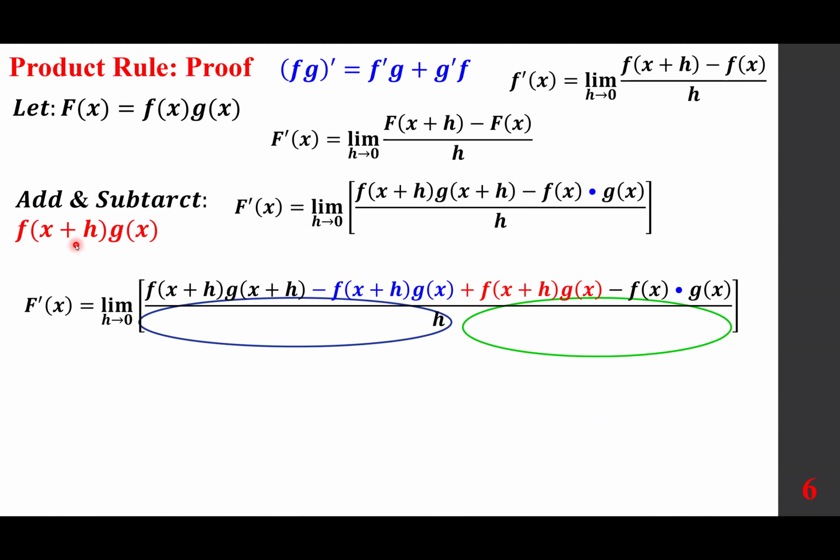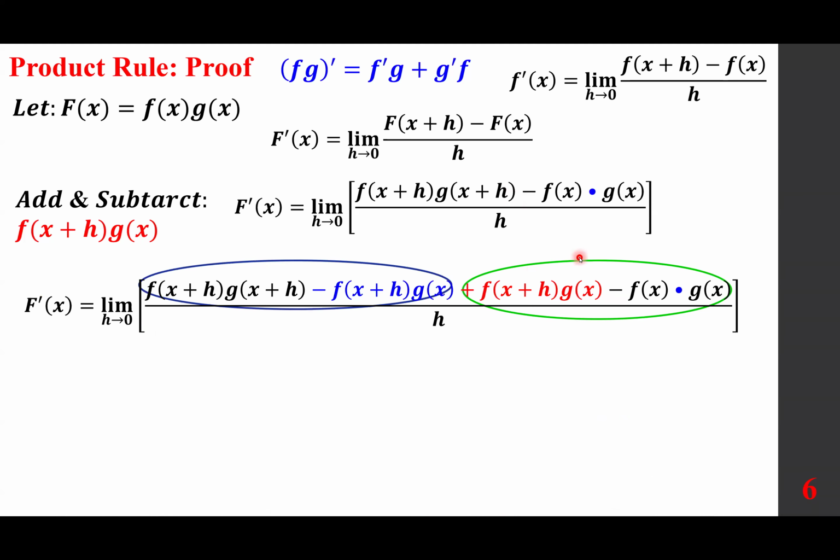Why do we do that? We're going to look at this piece and this piece separately in the following manner. Just look at this piece with the h in the denominator, of course. I hope you see that f of x plus h is in common, comes out, and you get g of x plus h minus g of x.